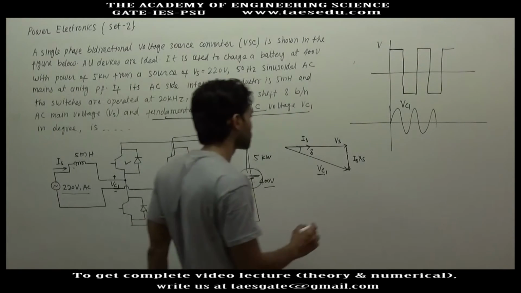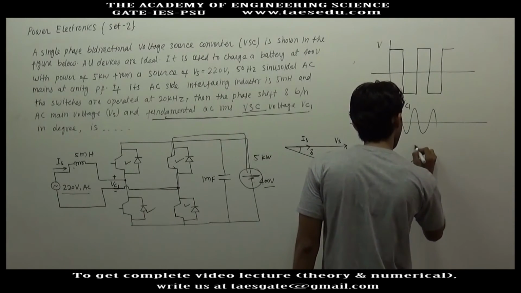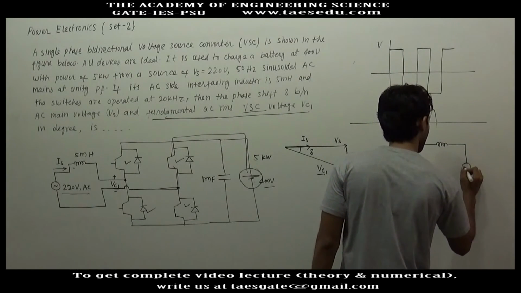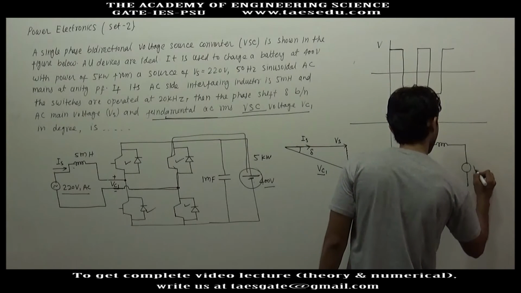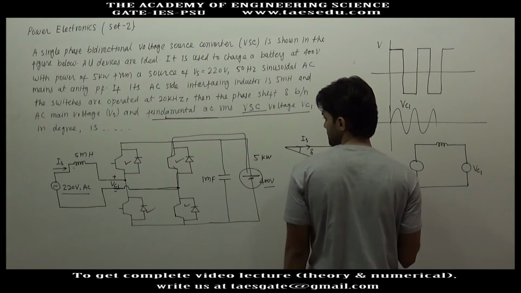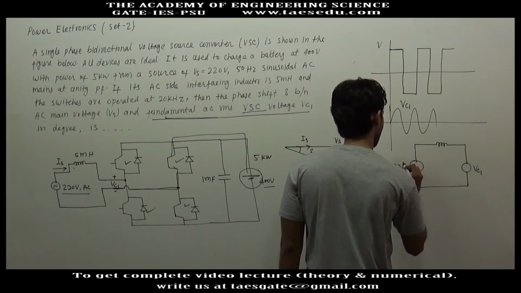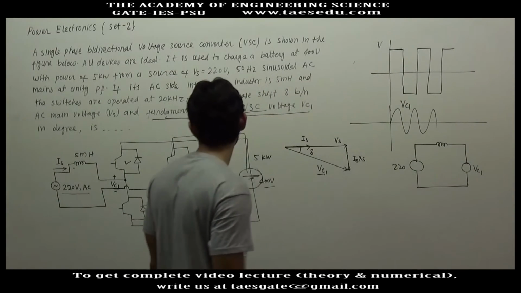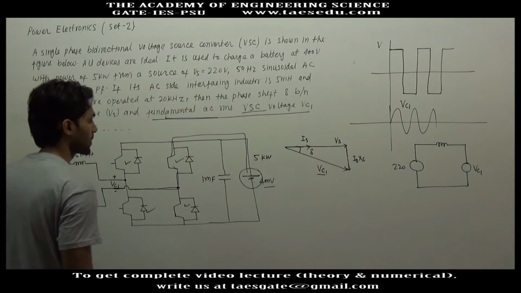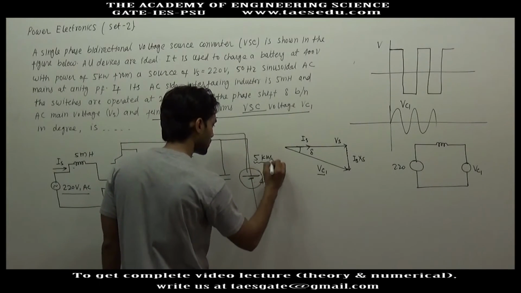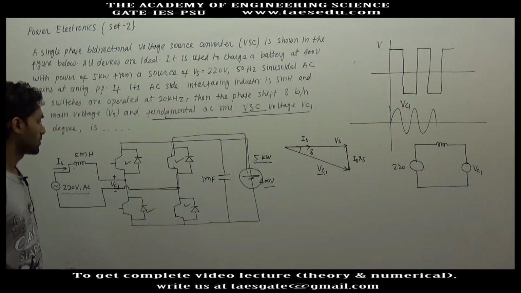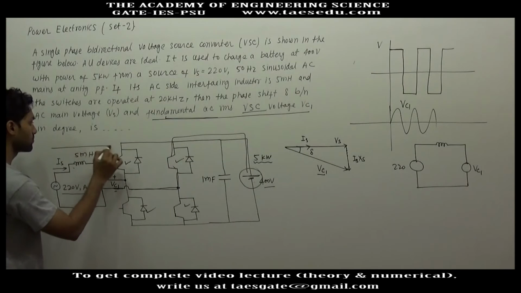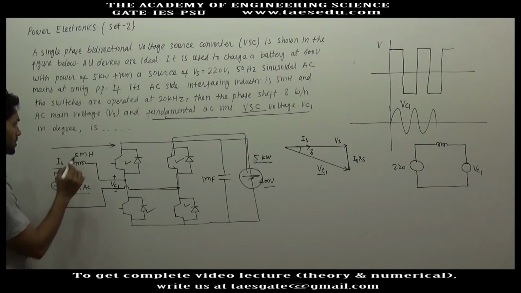So we have a 220 volt AC source, an inductor, and here we have a Vc1. This is 220 volt. Now this battery takes 5 kilowatt. So 5 kilowatt will flow from this AC source.